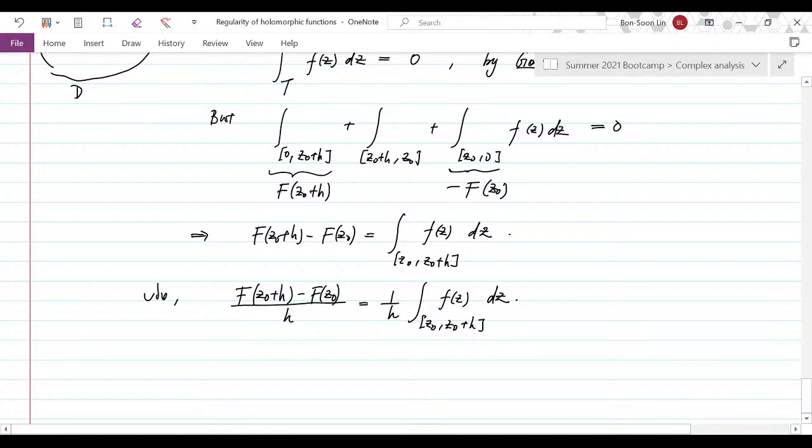Now, what do we do here? Well, why not, let's maybe estimate this. Okay, well, since f is continuous, well, it's holomorphic, so it's continuous.